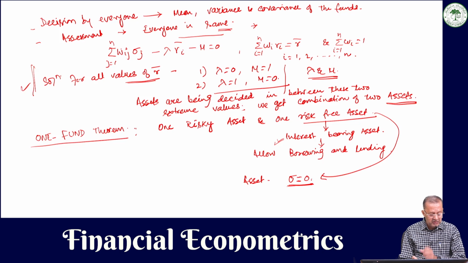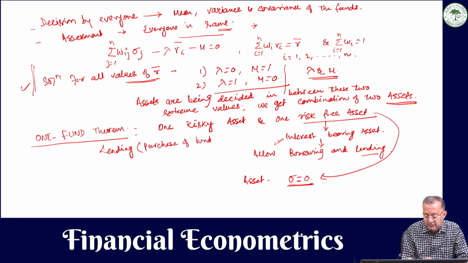This is number one. Now suppose lending and borrowing is taking place under this interest-bearing asset. If lending is taking place, lending means purchase of bonds, then in this situation we have positive weights for the asset.